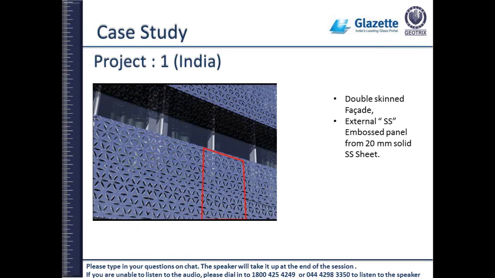So for any project of this kind, not only this, even a simple building, with early planning and by involving the facade contractors early in the project, for sure every client and every designer will reap a huge benefit out of the whole process.